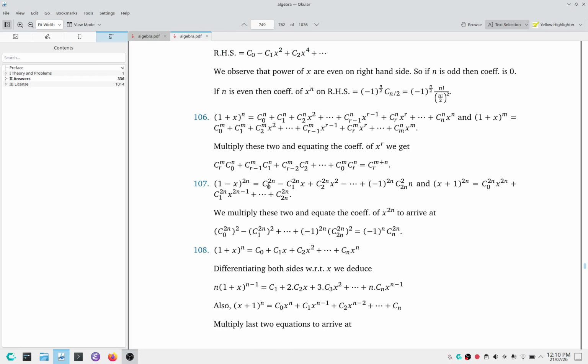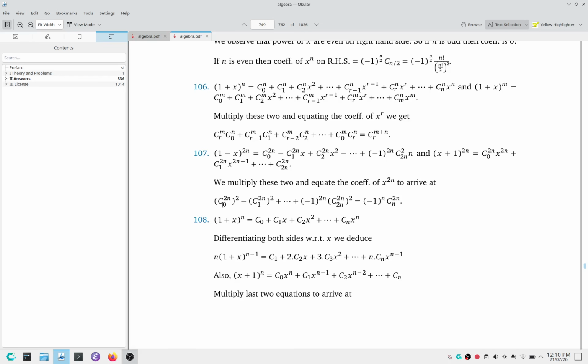So (1 - x)^(2n) is 2nC0 - 2nC1 x + 2nC2 x^2, and so on up to (-1)^(2n) 2nC2n x^(2n), and (x + 1)^(2n) is equal to 2nC0 x^(2n), the same series in decreasing fashion. We multiply both of them and equate the coefficient of x^(2n). We get 2nC0^2 - 2nC1^2, and so on up to (-1)^(2n) 2nC2n^2 is equal to (-1)^n 2nCn.